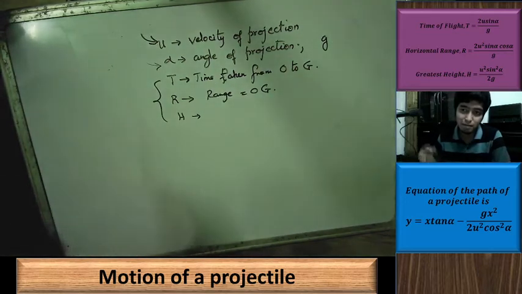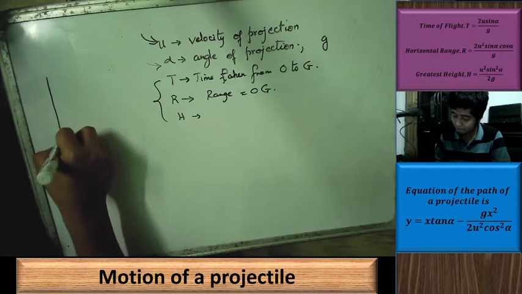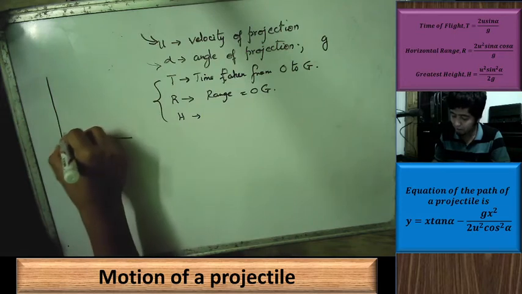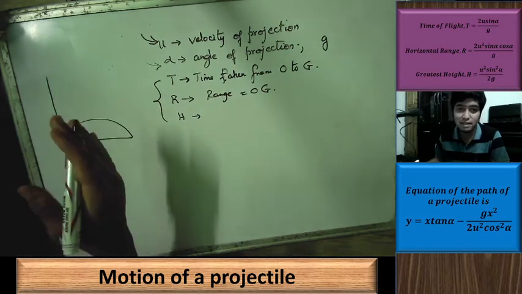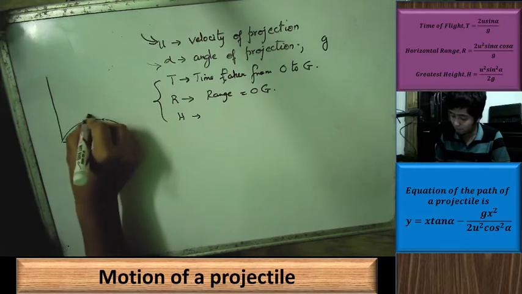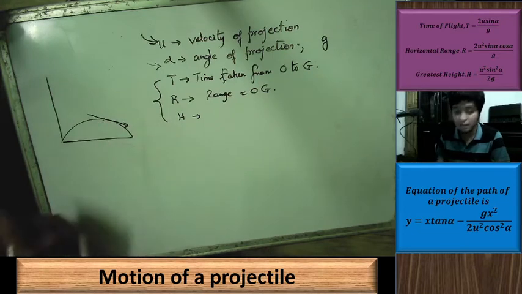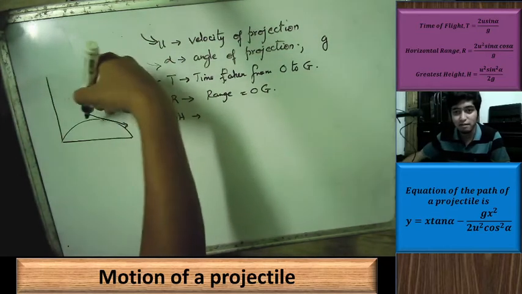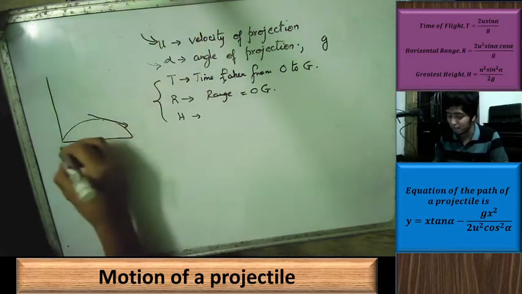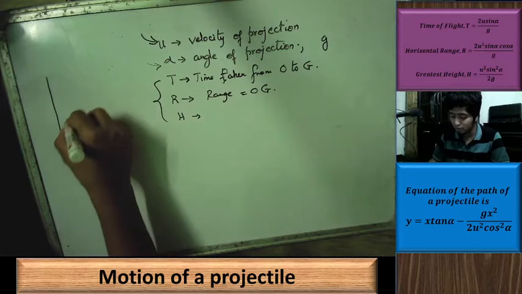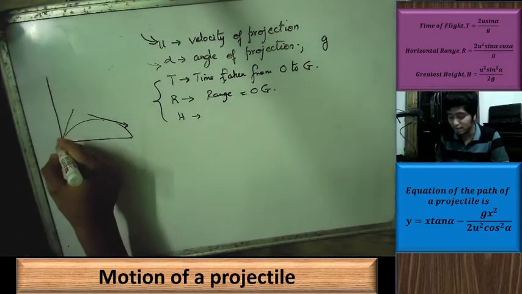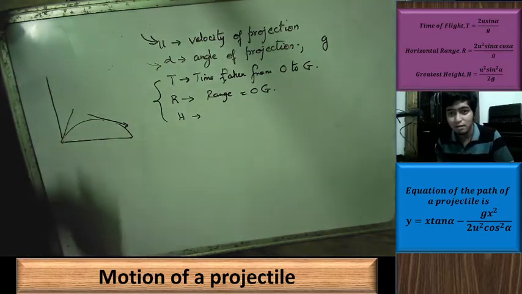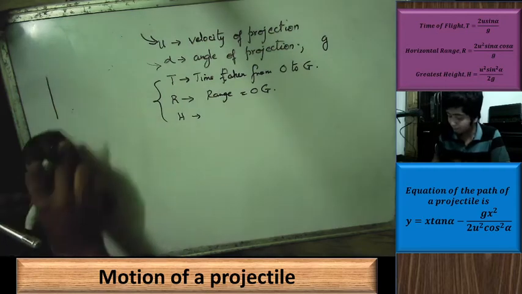Also, if you just say the velocity at any point, it means the tangential velocity, measured along the tangent. That is why from O you are throwing it tangentially. Keep that in mind.